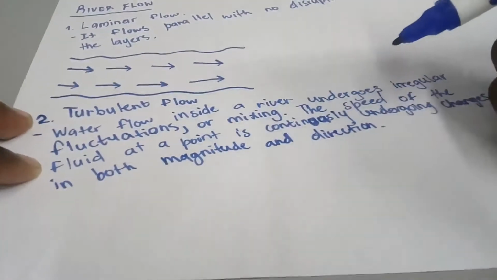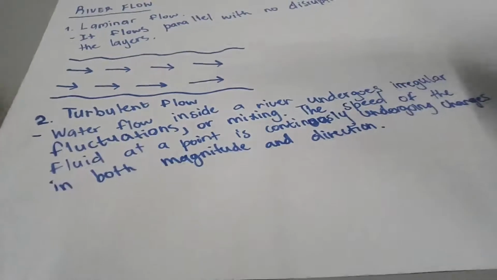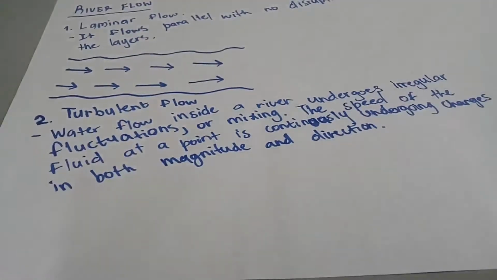That's a turbulent flow. It can also be caused by winds and so on, but mostly caused by sediments in the riverbed, rock layers, and so on, causing water to move in a turbulent way.